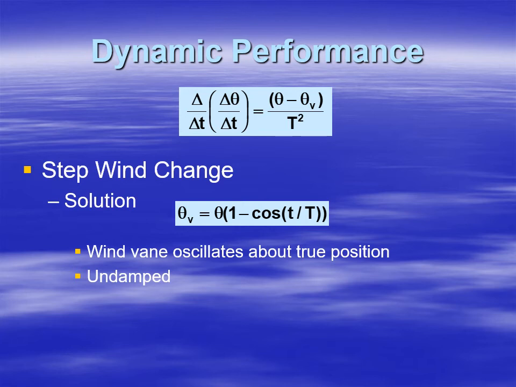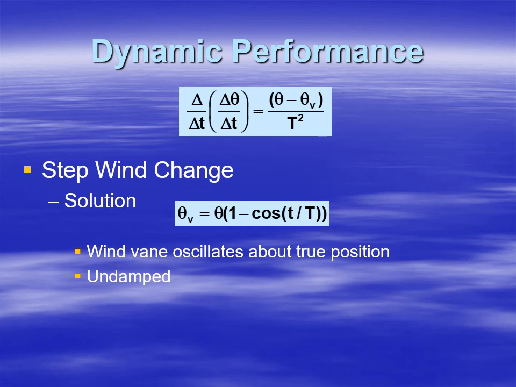But basically, what this says is the direction of the vane at any particular time depends upon the direction of the wind, and also all these other factors, the coefficient of lift and things like that we included in the t. So at any particular time, we could figure out the direction the wind vane is pointing based on these factors. So what this says is that the wind vane will oscillate as a wave about a given point, around the true direction of the wind.